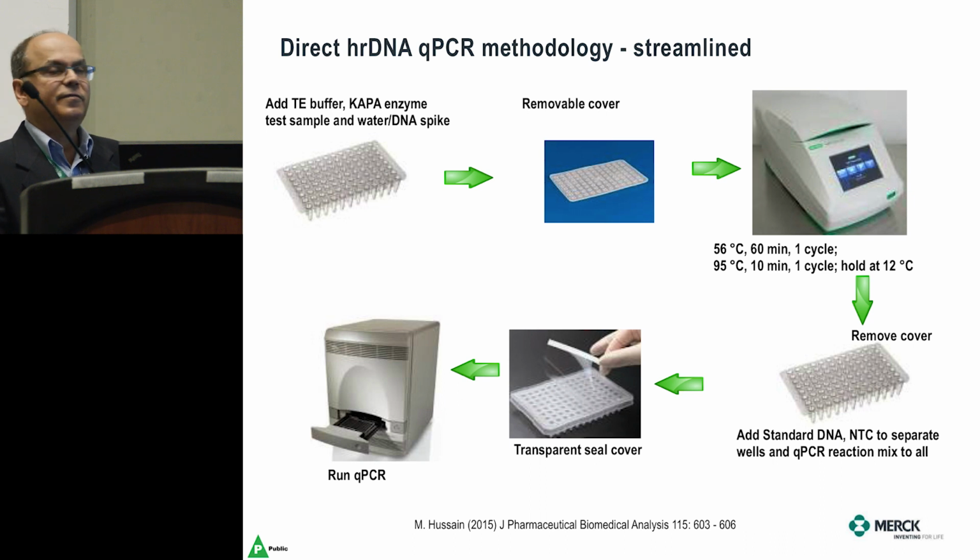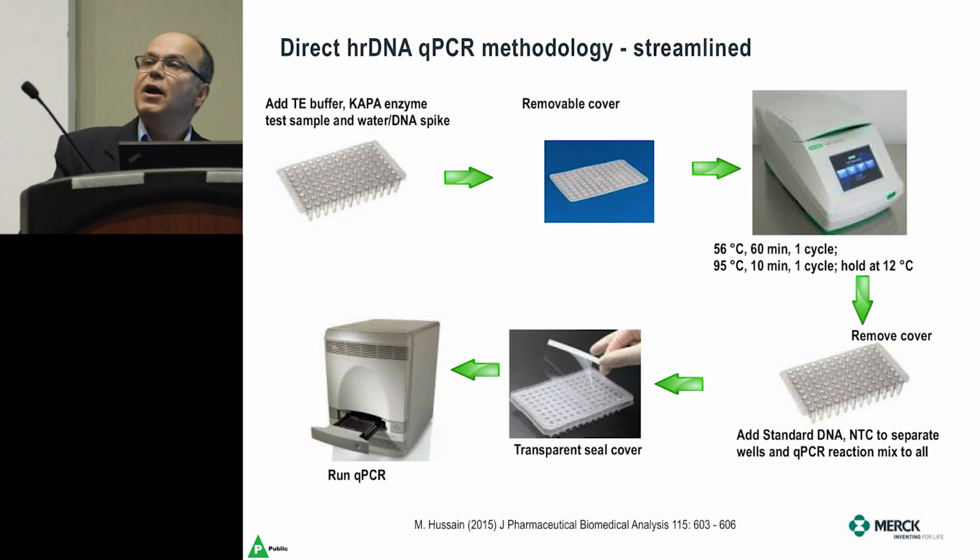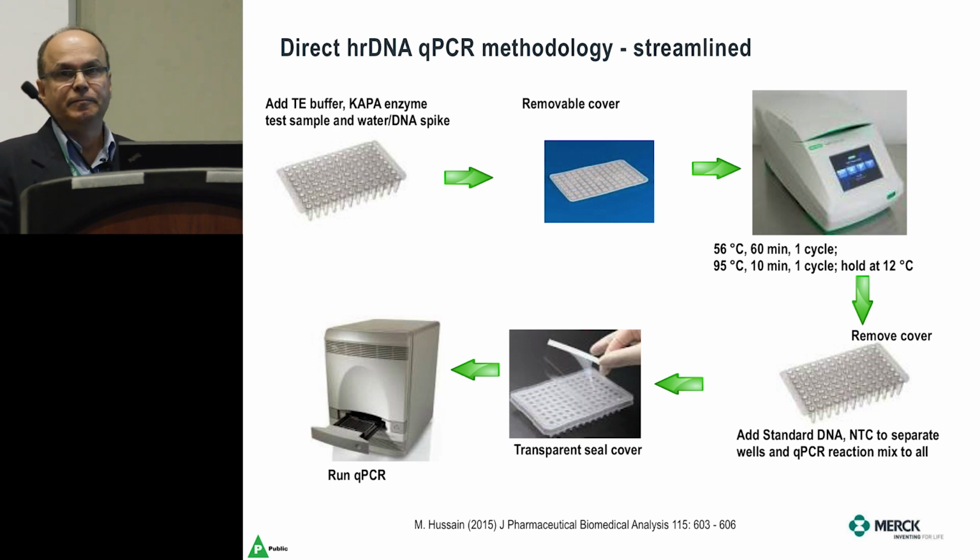We remove the cover and add PCR reagents here, put a transparent cover back for PCR, and run the PCR. Now, what we noticed was, we immediately noticed that the recovery or the accuracy of the method improved a lot.